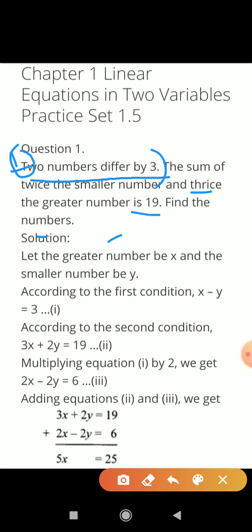The sum of twice the smaller number and thrice the greater number is 19. So from this the second condition starts. The second condition is the sum of twice the smaller number.